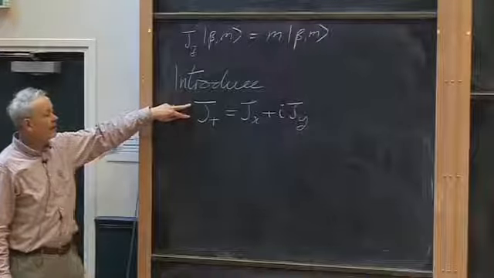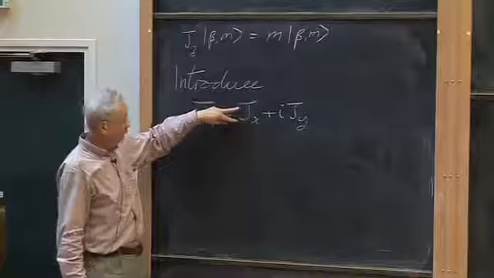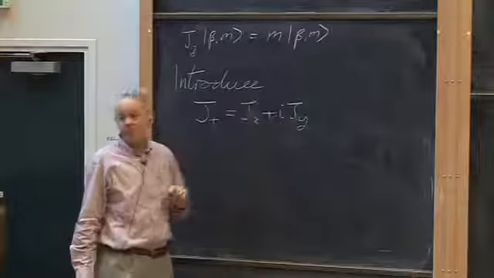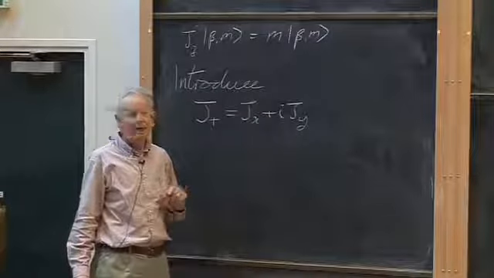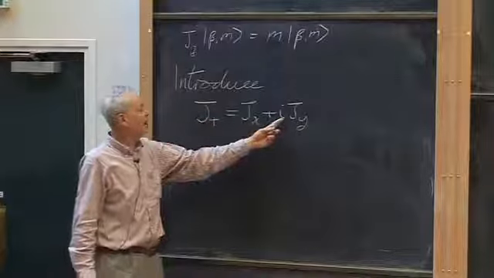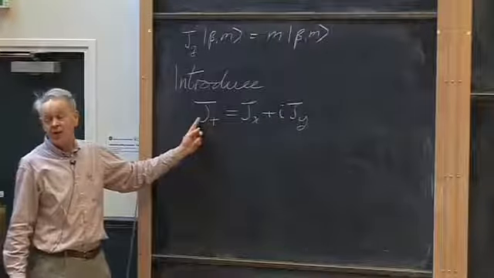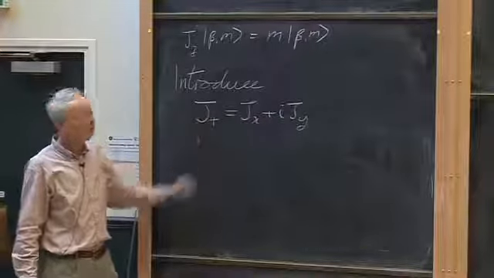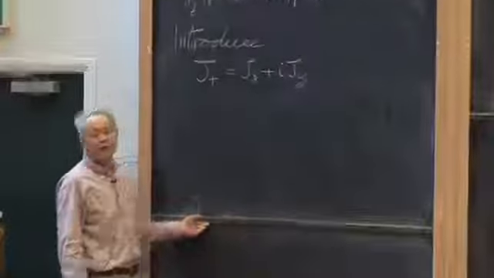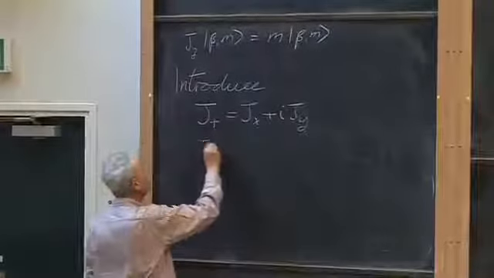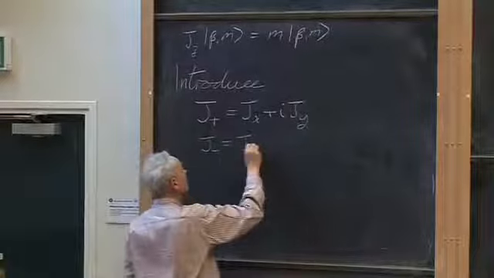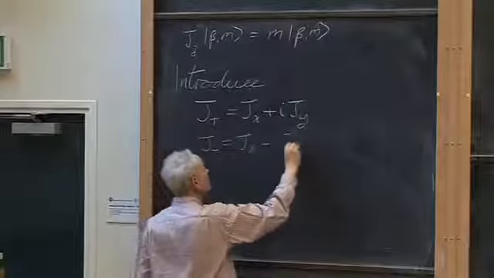We said that A was equal to x plus IP. Similar game. Because of this I, this is not Hermitian. It's not an observable. It's a tool of the trade. And correspondingly, needless to say, we have J minus, which is equal to Jx minus I Jy.